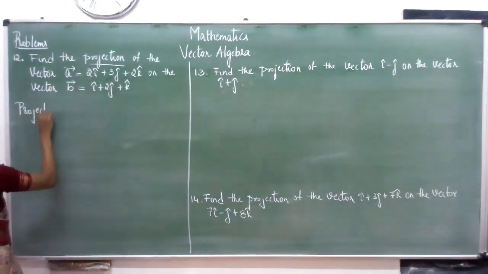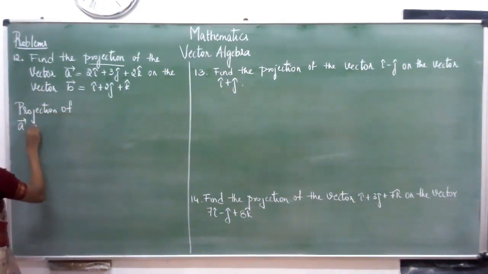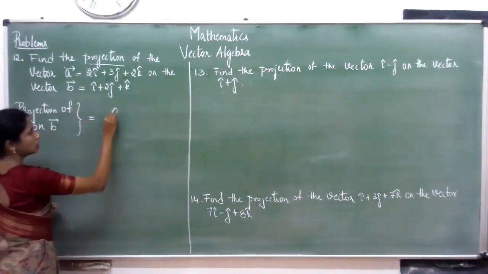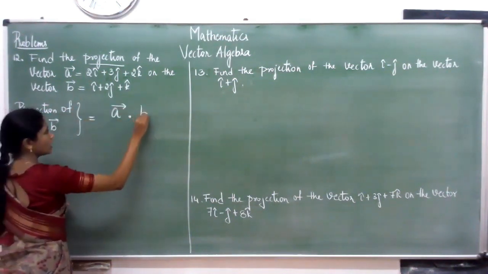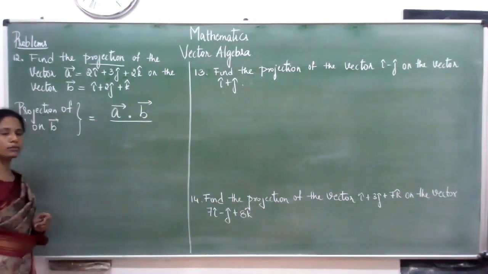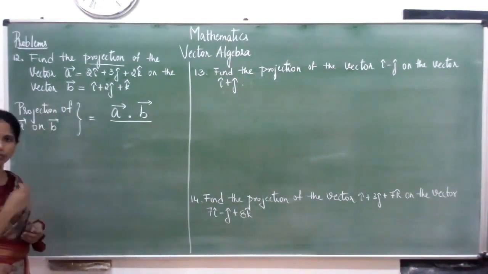So the projection of vector A on vector B is equal to vector A dot vector B whole divided by the magnitude of which vector? On what vector they have asked to find the projection, we need to write.